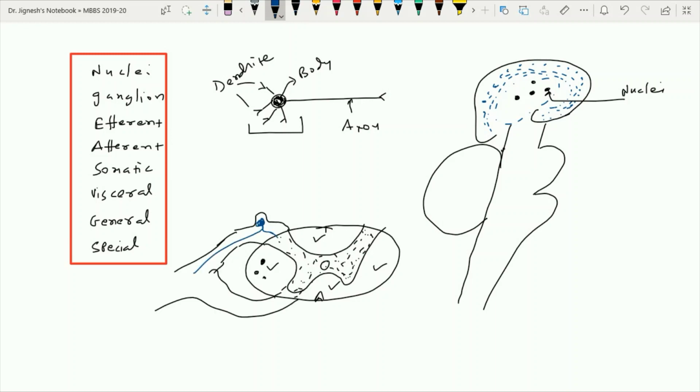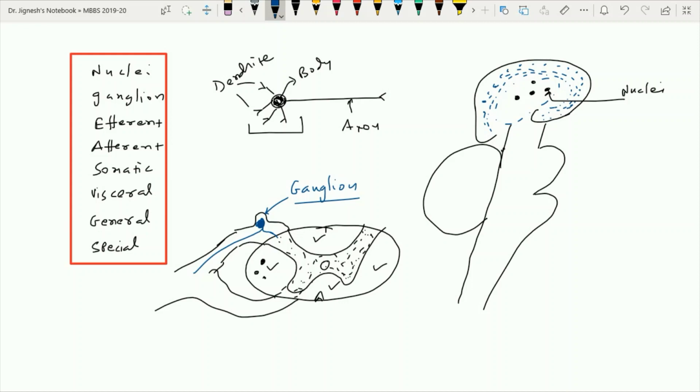So here in this figure, this is the dorsal root ganglion, which is one example of a ganglion, and a ganglion is nothing but a collection of cell bodies outside the central nervous system.